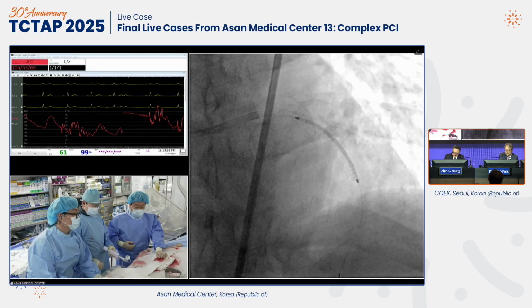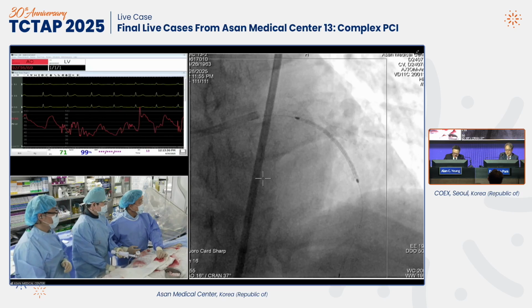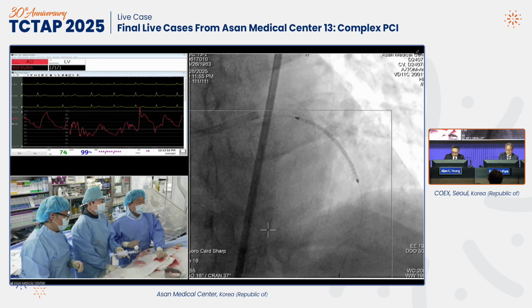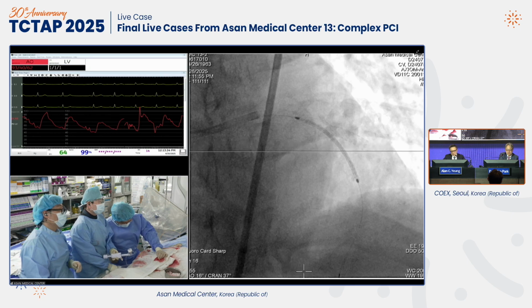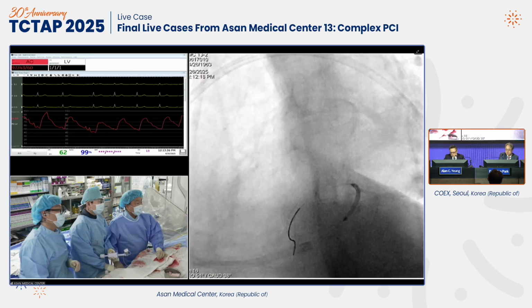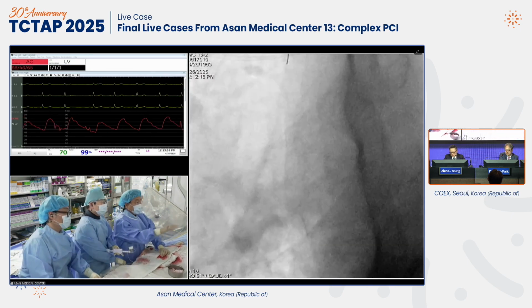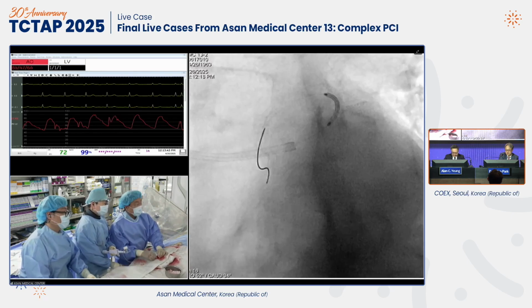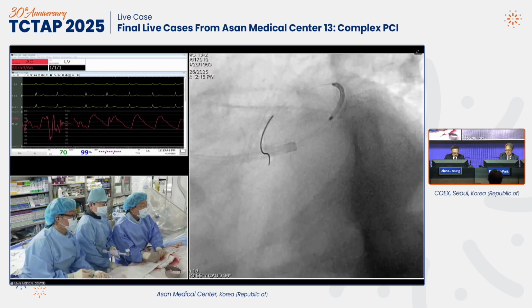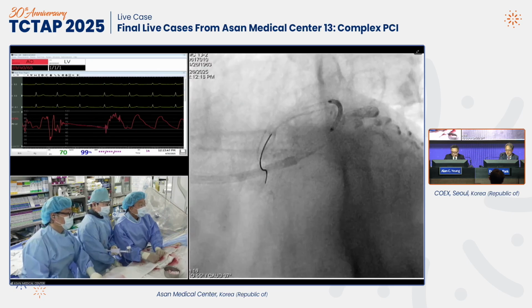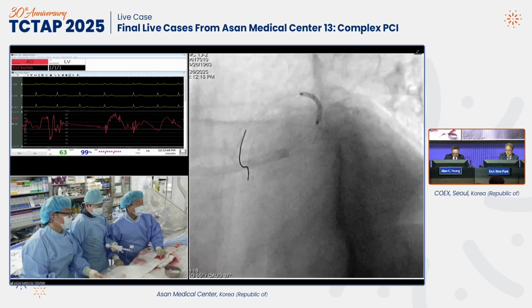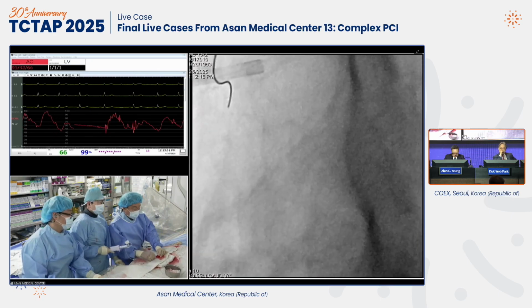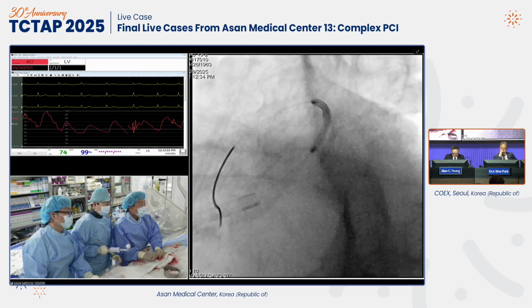Actually, spider view, please. I don't want to cover the circumflex, a relatively small one, but I don't touch the circumflex. A little bit more lateral, please. Okay, good, perfect. Test. More lateral, please. Okay, test.